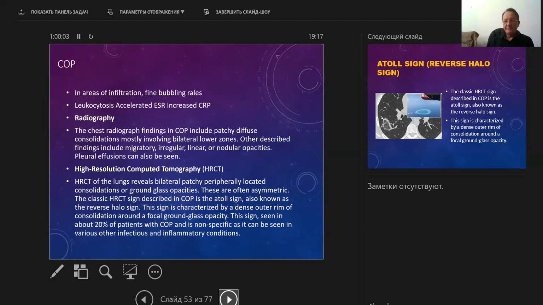They are often asymmetric. The classic high-resolution CT sign described in COP is the so-called atoll sign, also known as the reversed halo sign. This sign is characterized by a dense outer rim of consolidation around the focal ground glass opacity. It is seen in about 20 percent of patients with COP, and this symptom is not specific. It can be seen in various other infectious or inflammatory conditions, and also in cases of tumor.